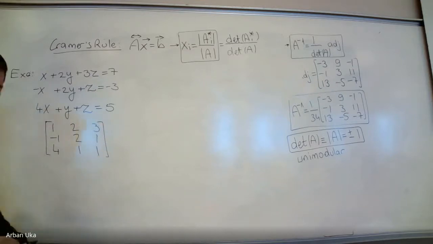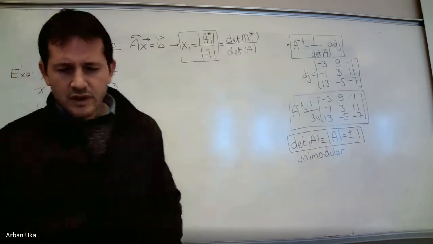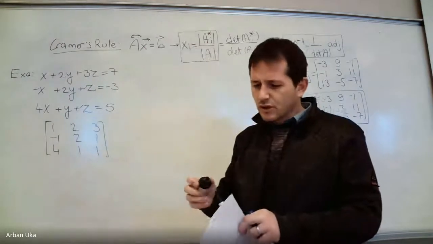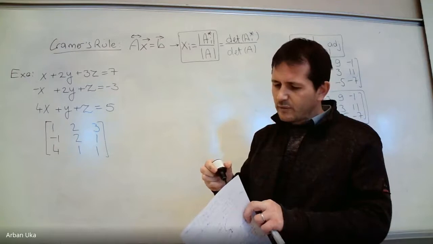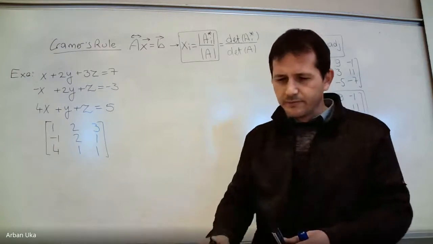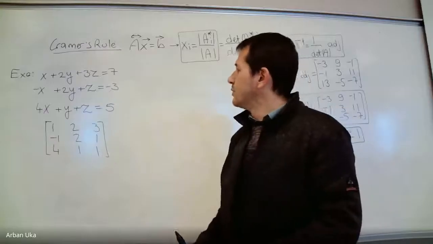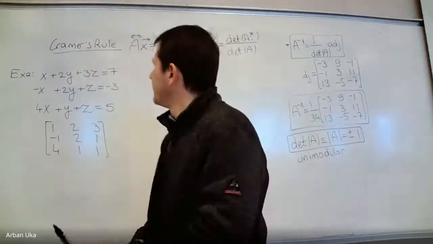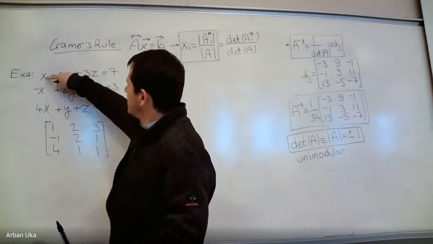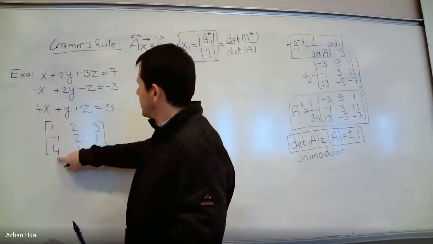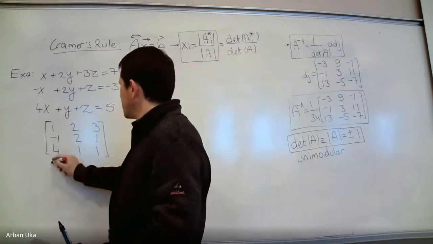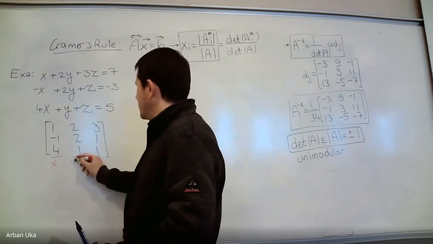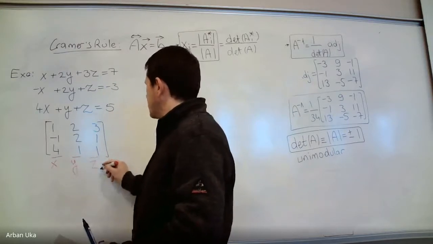Now, in this coefficient matrix, the first column corresponds to which variable? X. That's true, because we look at these: x is 1, minus 1, 4. This is where it is, right? 2, 2, 1 is y. So here this is the x variable, this is the y, and this is the z.